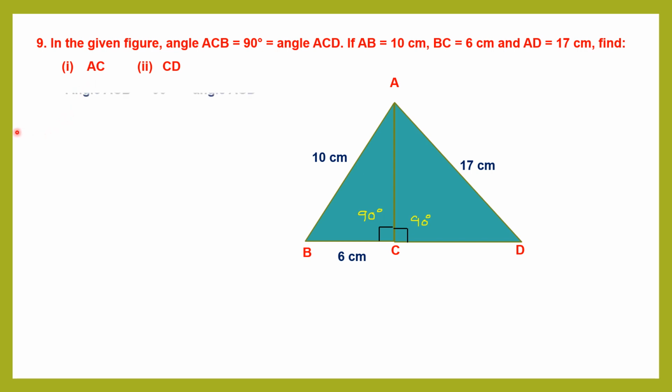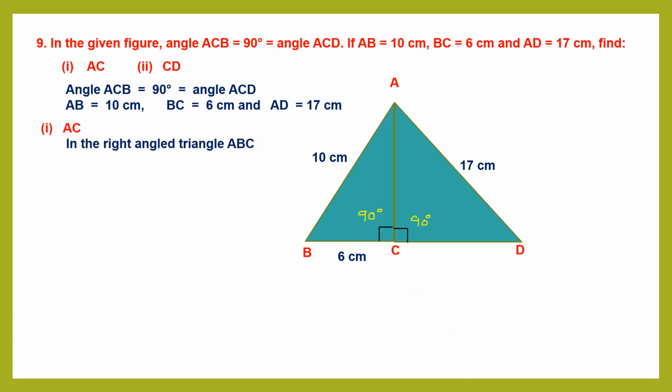So let's begin by writing angle ACB is 90 degrees, which is equal to angle ACD, and all these measurements. So this is already given to us. Now we are going to make use of the Pythagoras theorem to find AC. So in this right angle triangle ABC, we are taking only the triangle ABC, because we're going to find out AC.